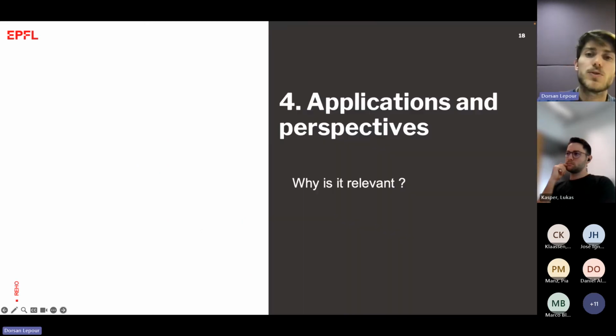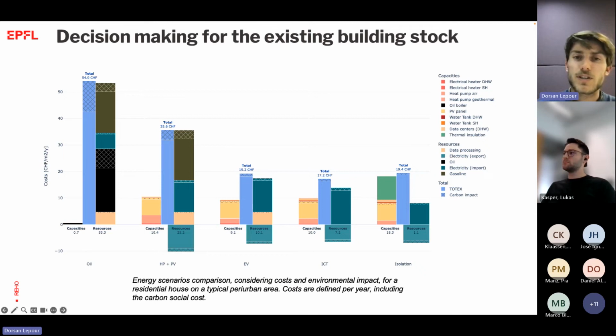And now I can share with you a few results, application and perspective, and how we use the tool to generate some results for some academic publications, but also with industrial partners and collaborators. So, for example, we applied the tool on the existing building stock for an extensive study.